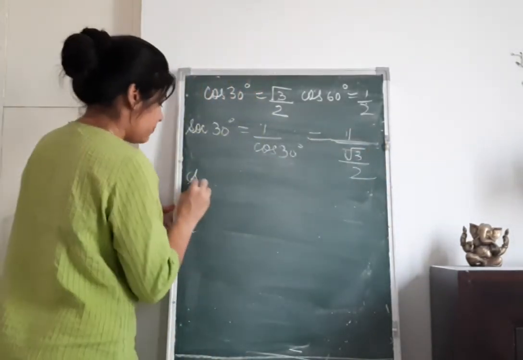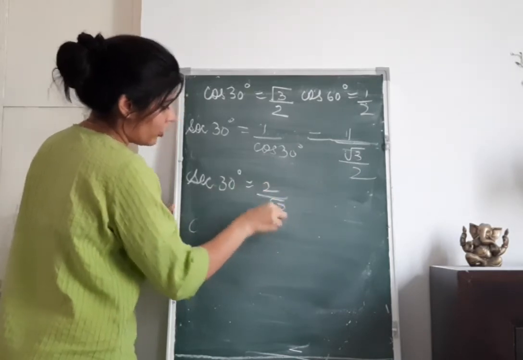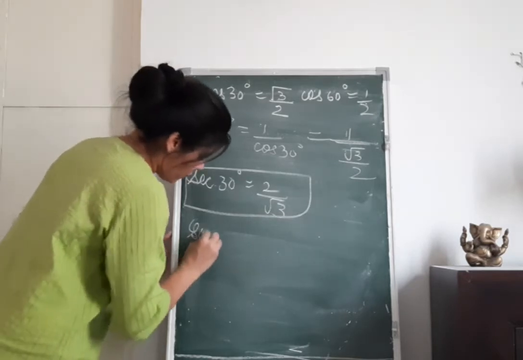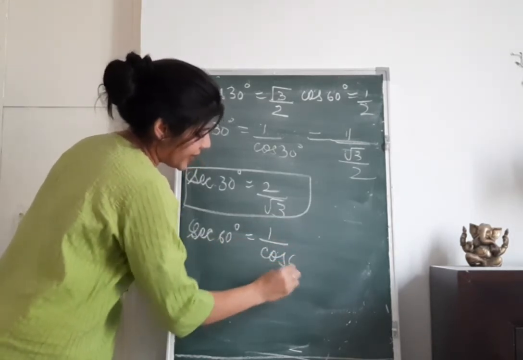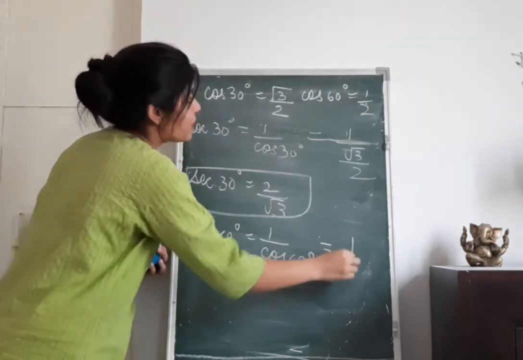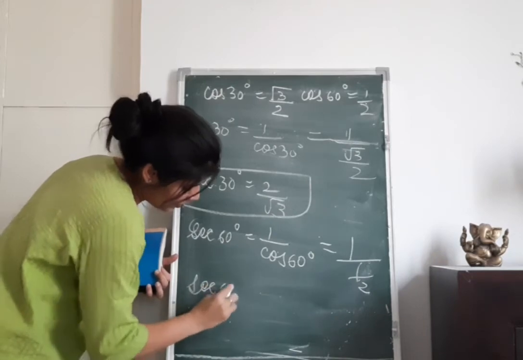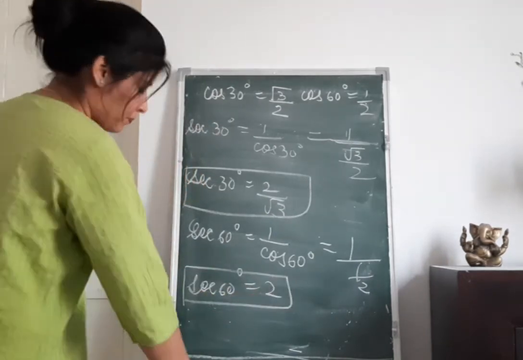That gives me sec 30 degrees as 2 upon root 3. Sec 60 degrees will be equal to 1 upon cos 60 degrees. That gives me 1 upon 1 by 2, that gives me sec 60 degrees as 2.